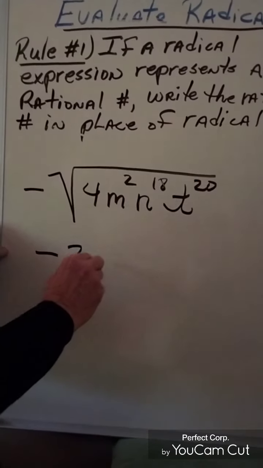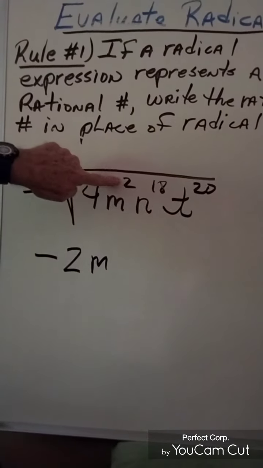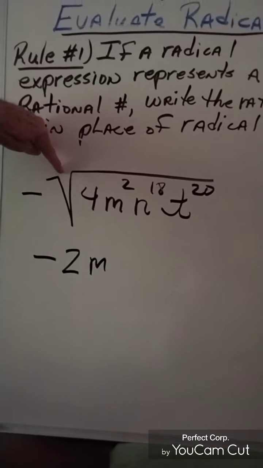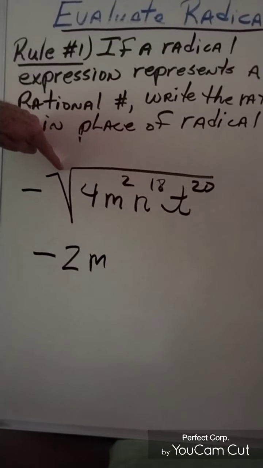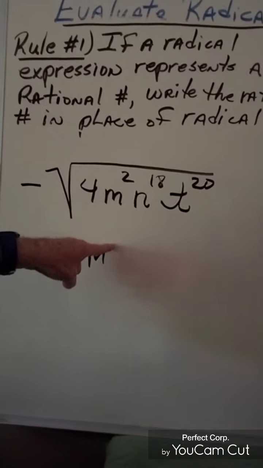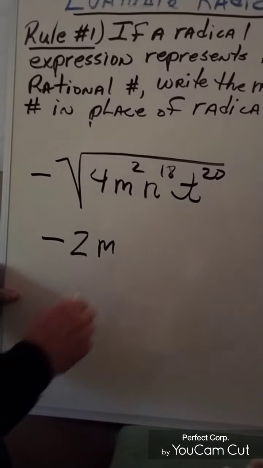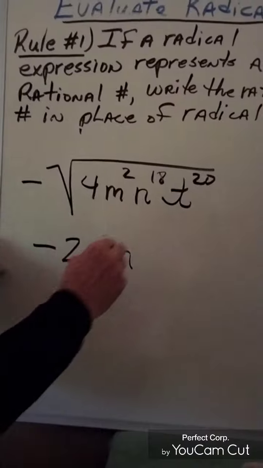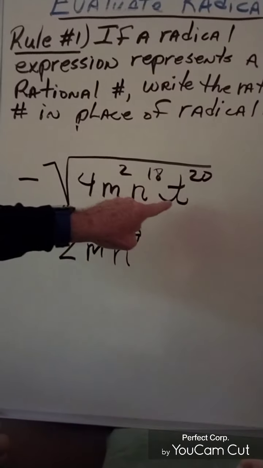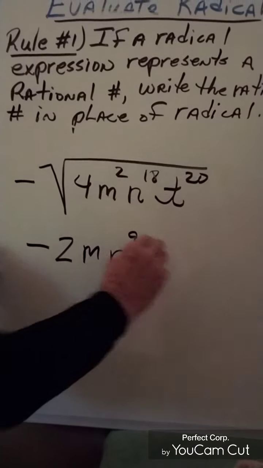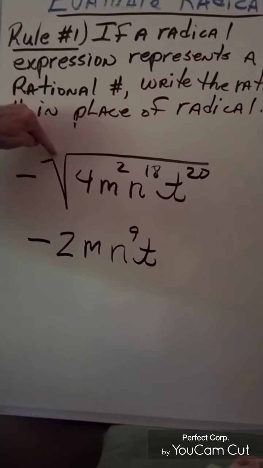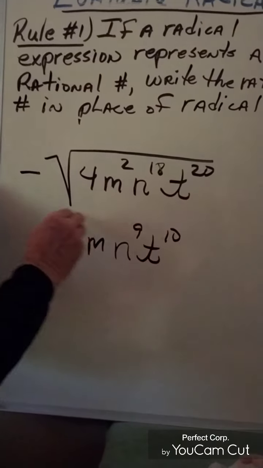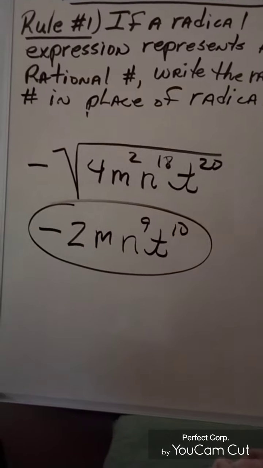Bring down the m. Take its exponent, divide it by the index of 2. 2 divided by 2, m to the 1, or simply m. Bring down n. 18 divided by 2, n to the 9th. Bring down the t. 20 divided by 2, t to the 10th. Little guy's done.